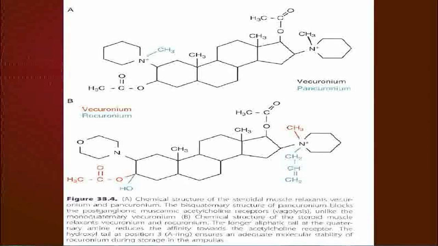Now here's a nice slide to kind of show you. I'm not going to have you memorize it, but just look at the structures and see how they change. Up top, the black outline shows you vecuronium. The little blue add-on shows you what pancuronium looks like superimposed on vecuronium. Does everybody understand that the whole structure is pancuronium?